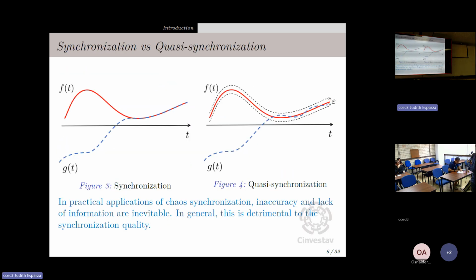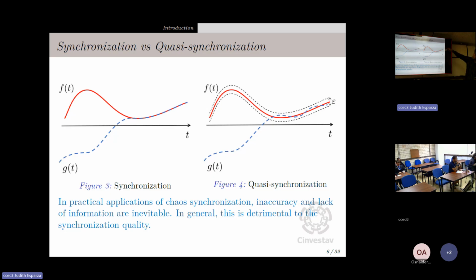So what is the meaning of quasi? In the synchronization case, we try to synchronize the functions in the sense that we can obtain zero error between the signals. But the term quasi refers to trying to approximate the function in some region.